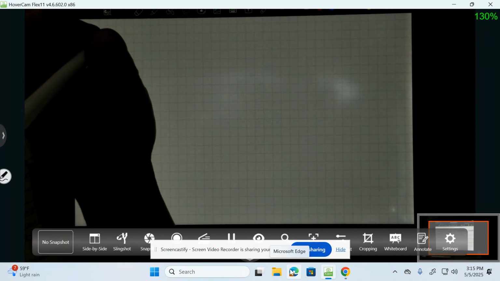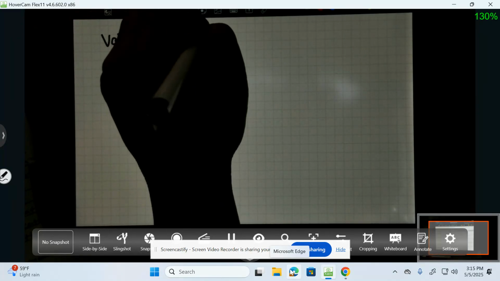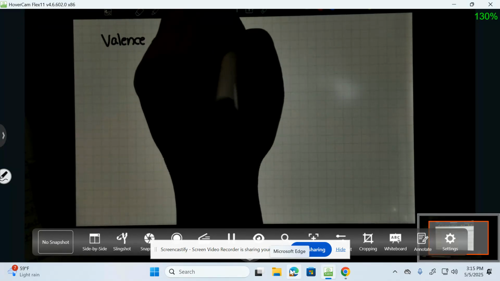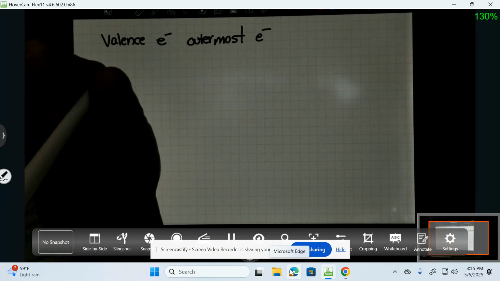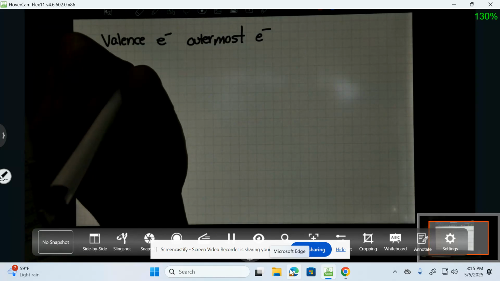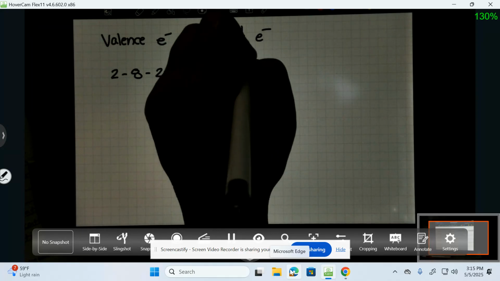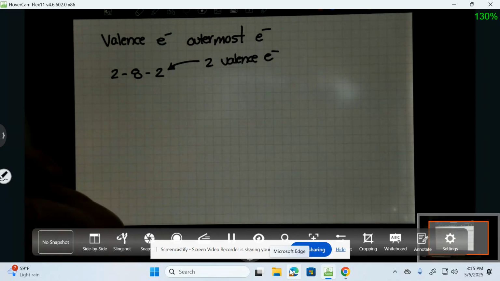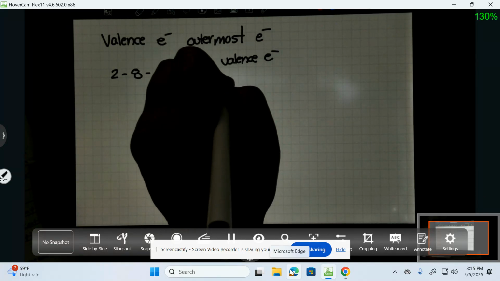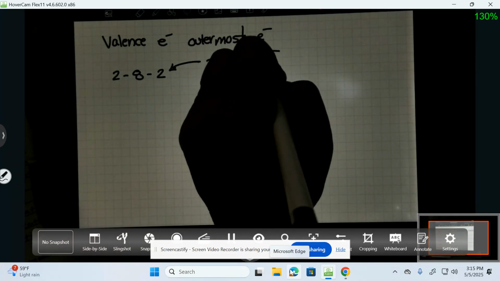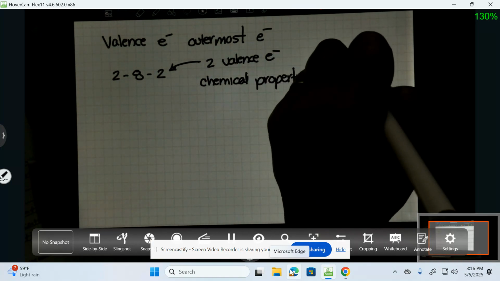Okay. Valence electrons are the outermost electrons. They are the electrons in the very last ring. So if again I have magnesium 2-8-2, it has 2 valence electrons. And the valence electrons give us the chemical properties of that element.